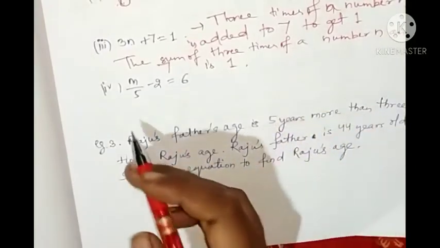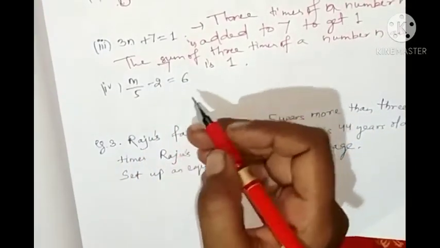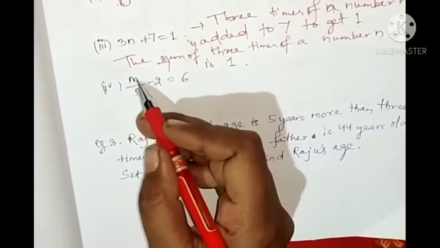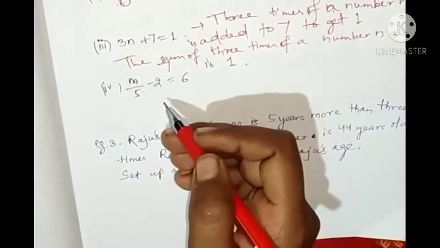Next, to see: m by 5 minus 2 equal to 6. M by 5 means 1/5 of a number m. So what you will write?